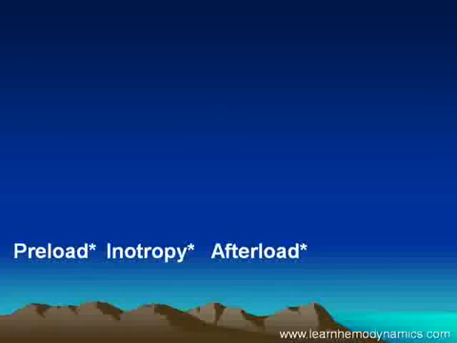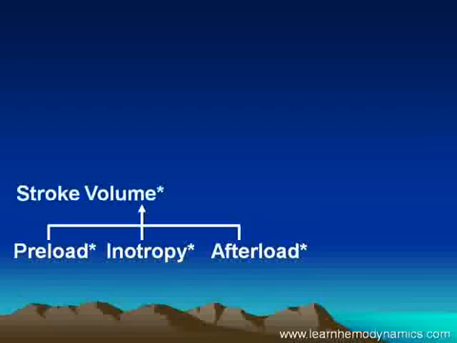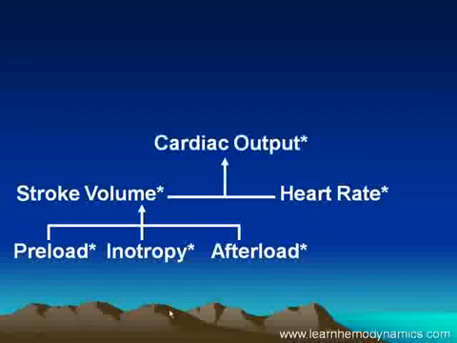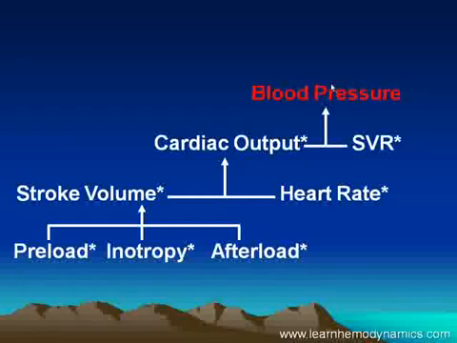Okay, let's have a little look at how all these things fit together. Well, preload, inotropy and afterload are the three determinants of stroke volume. Stroke volume combines with heart rate to give us cardiac output. Cardiac output in turn combines with systemic vascular resistance to give us blood pressure.